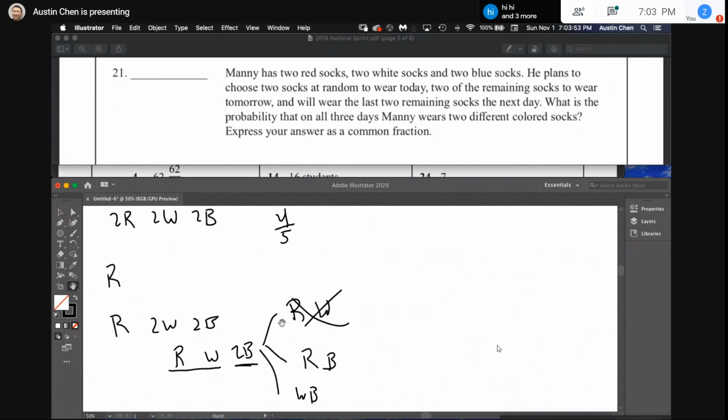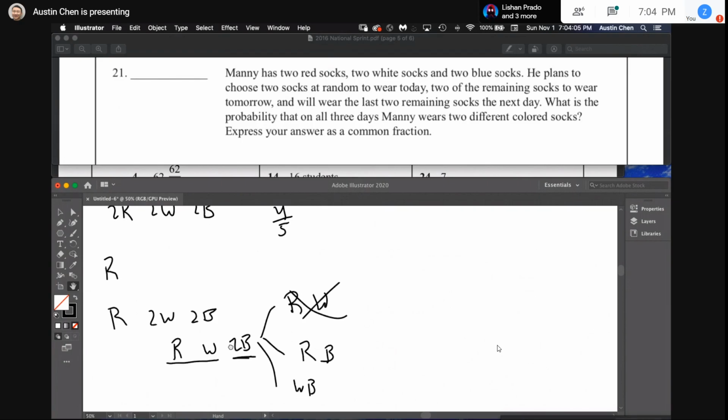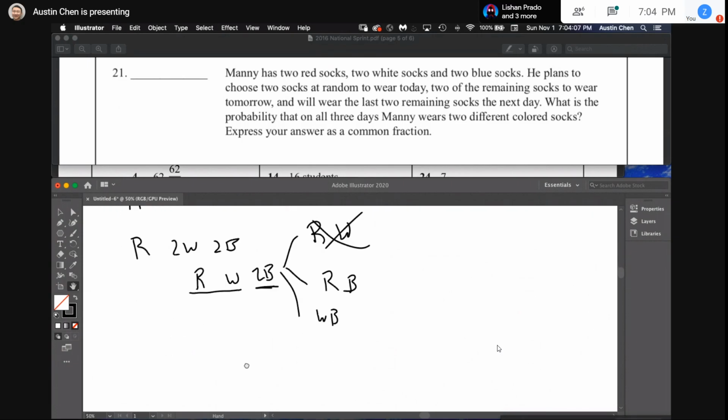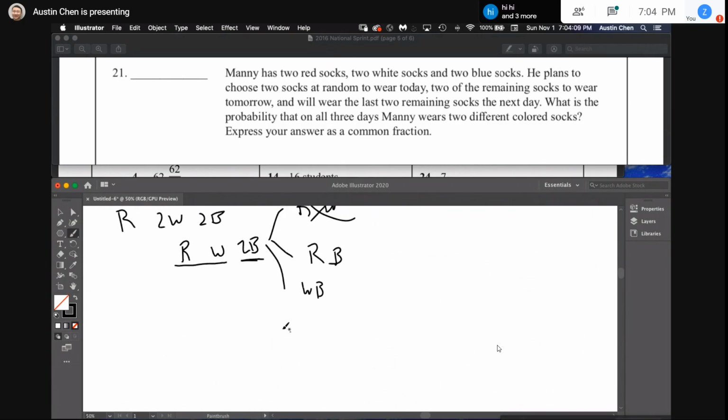Well, the first sock that you choose will be like any of these, right? So that doesn't affect anything. So you're either gonna choose a red or white sock on your first thing, and then you'll have something and then two blue, or you're gonna choose a blue sock and then you'll have red, white, blue.